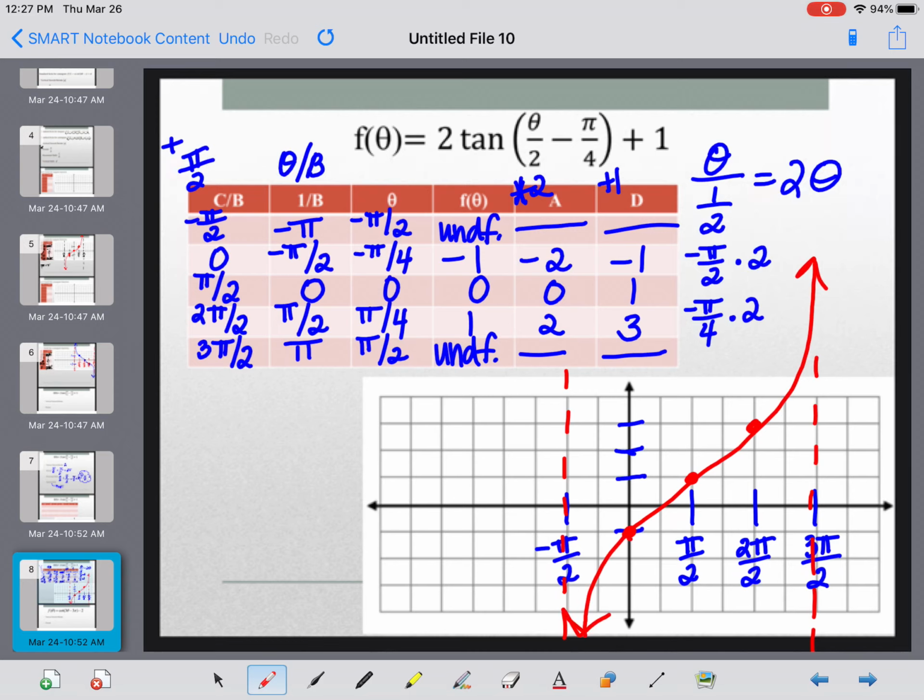Okay, you want to make sure not to just get a straight line here, but have that little bit of a curve in the center there, really coming into the asymptotes.